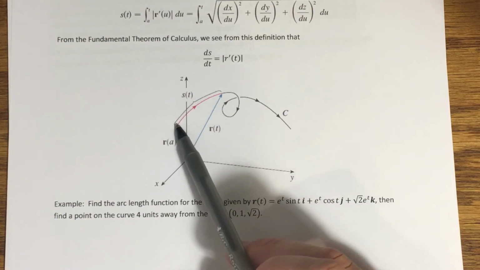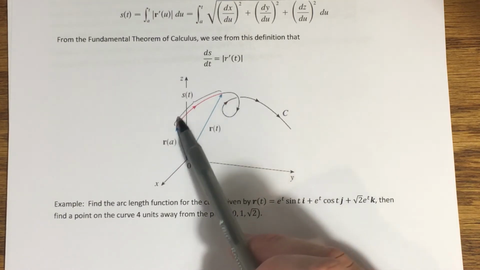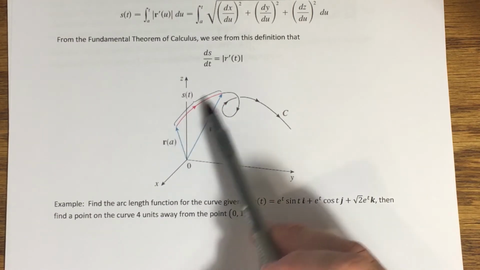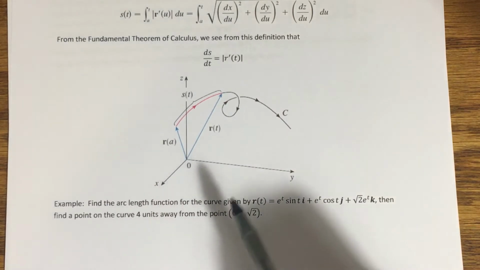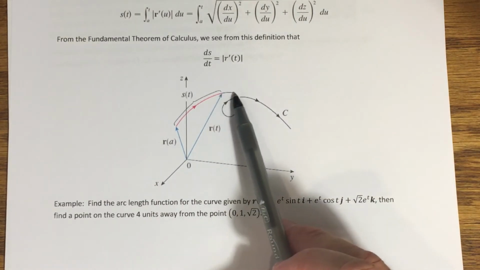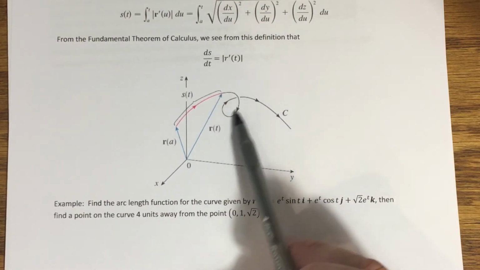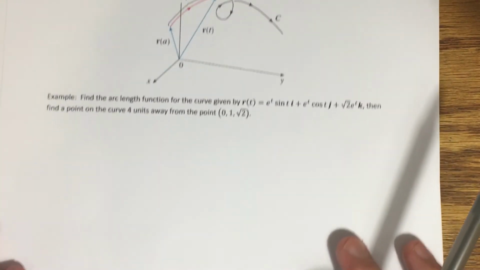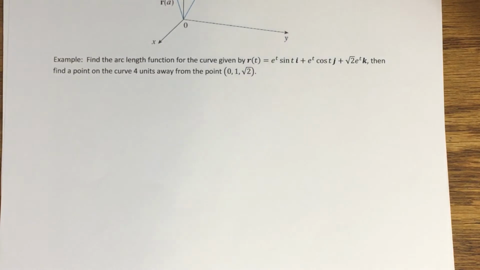S of t would then represent the length of the arc of this curve from r of a to r of t, this point to that point. And you can plug in different values of t to move this second vector around and give you different lengths here.